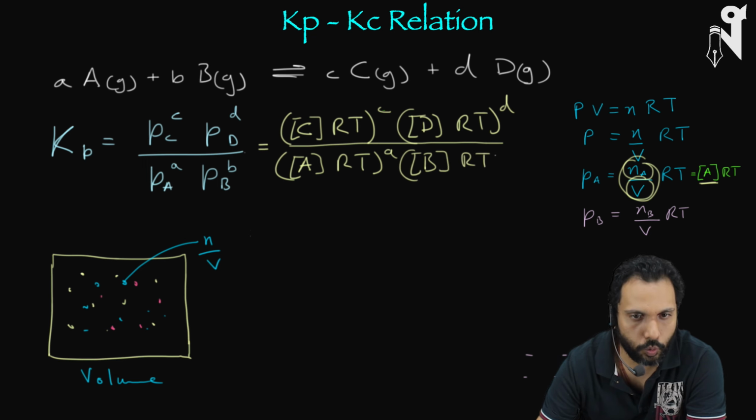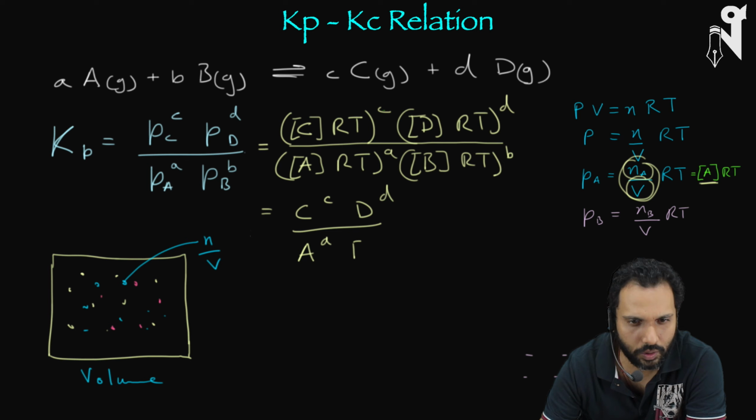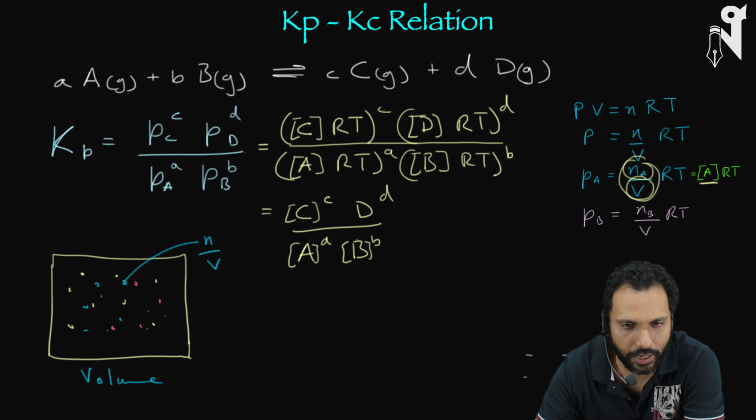Looks like a mess, but don't worry. I hope you can see what is coming out of it. You have your C power c, your D power d, your A power a, and your B power b, which are all concentrations. Quite bugging to make all those square brackets and whole bunch of RTs.